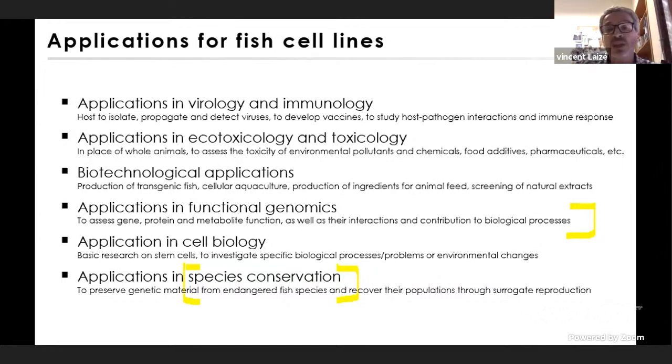This is something very new and very important. So far, cells exist for some catfish that are endangered and for some sturgeon. But there should be a huge effort to increase the provision of cell lines from these endangered fish species.